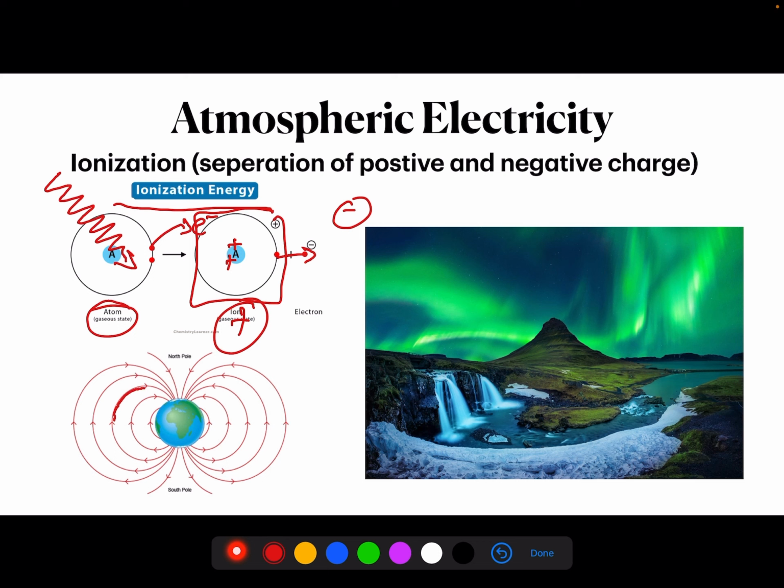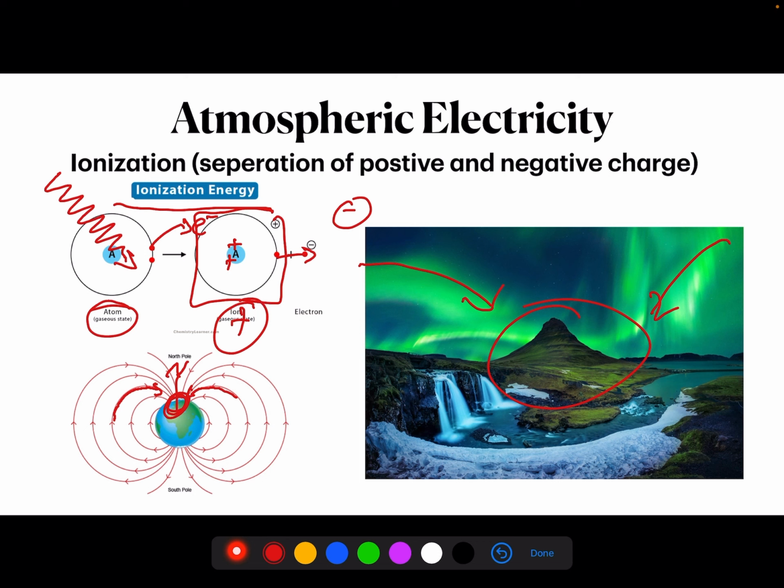Now you have two charges floating around, positive and negative, and the charges are able to follow the magnetic field lines of the Earth and go to the North Pole right here. That's why at the North Pole you get all these charges being accelerated in Earth's magnetic field, and they collide with other gas molecules, and that's enough energy to kick off other electrons.